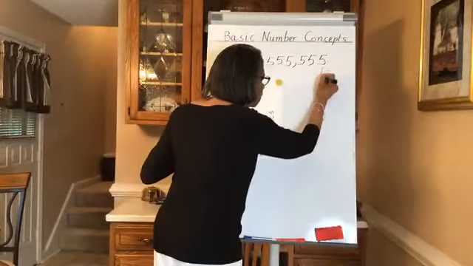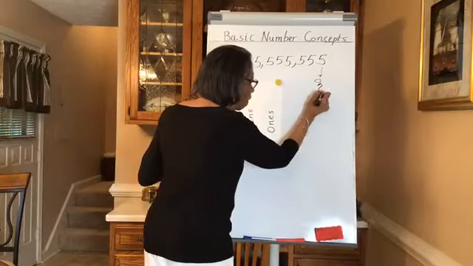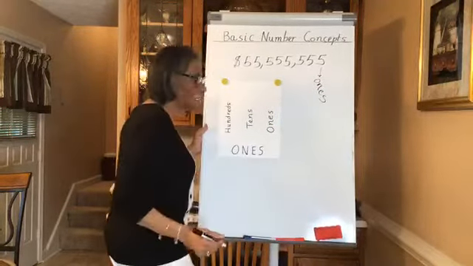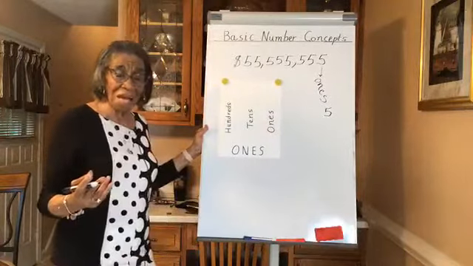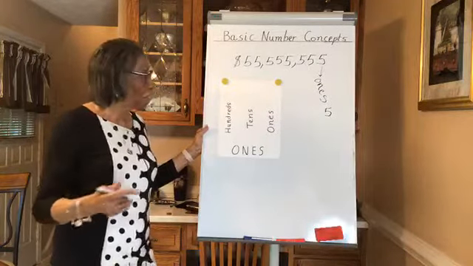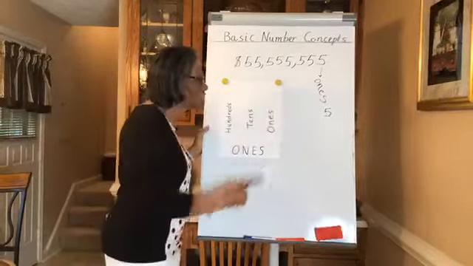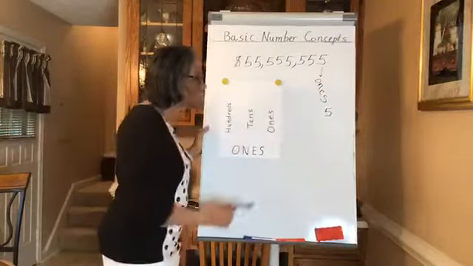All right, it's in ones place. So I can tell the value of that 5 because I'm counting 5 ones. It's just 5. 1, 2, 3, 4, 5. All right, so the place is ones, and the value of that 5 is 5. All right, let's move on to the second one.